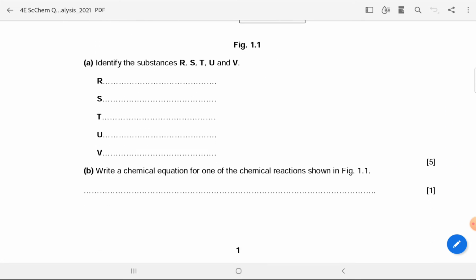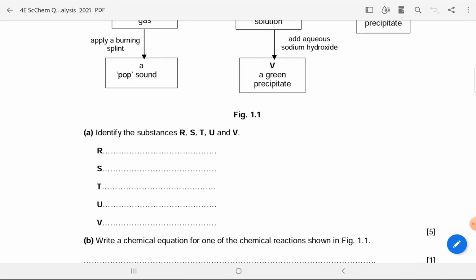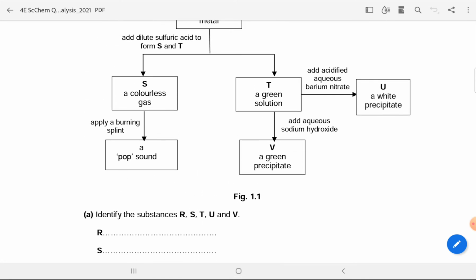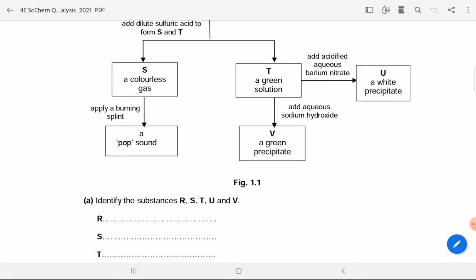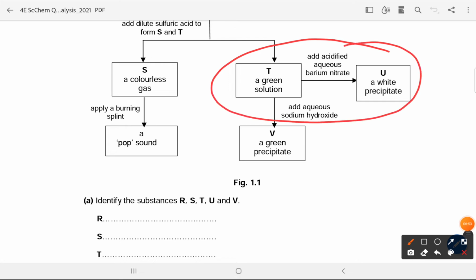Okay, write a chemical equation for one of the chemical reactions shown in figure 1.1. There are many reactions here. For the first reaction, you can look at this one, right here. Your T is iron(II) sulfate, so iron(II) sulfate plus your acidified aqueous barium nitrate.